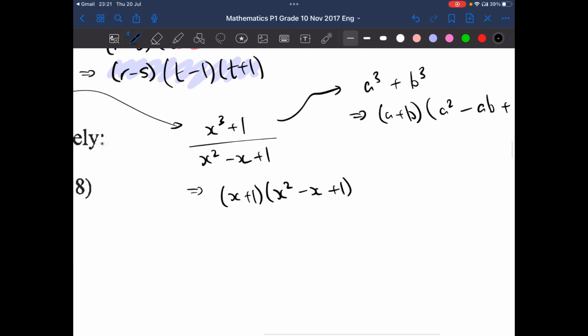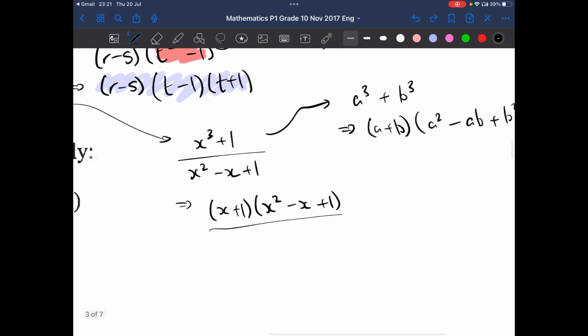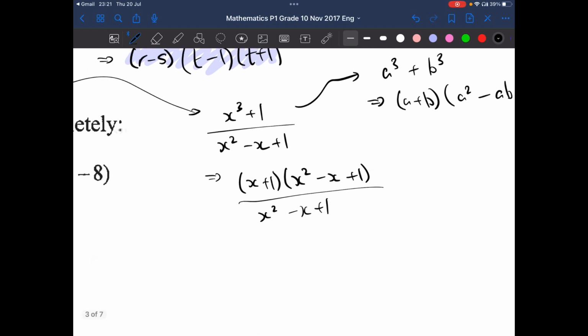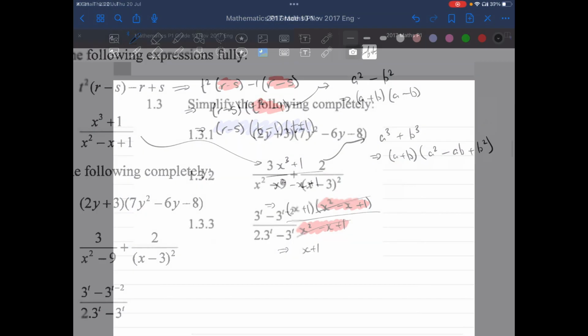Okay, so that's the general form of that, and then we applied it to this here. Now, if we take that and divide it by our original x squared minus x plus 1, you can see that we have some common things there, so we can cancel that out, and then we end up with x plus 1 as the final answer.